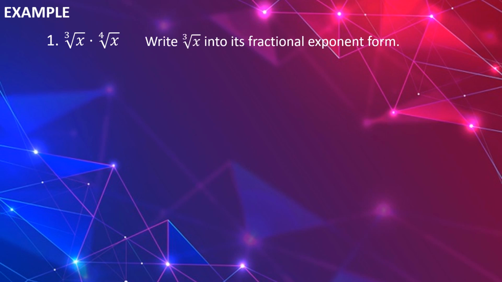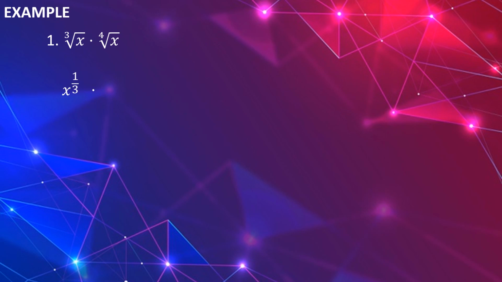For our first example, we get the product of cube root of x and fourth root of x. We now write cube root of x into its fractional exponent form. So our radicand, which is x, will become the base, and its exponent, which is 1, will become the numerator of our fractional exponent, and our denominator is our index, which is equal to 3, multiplied by the fractional exponent form of fourth root of x.